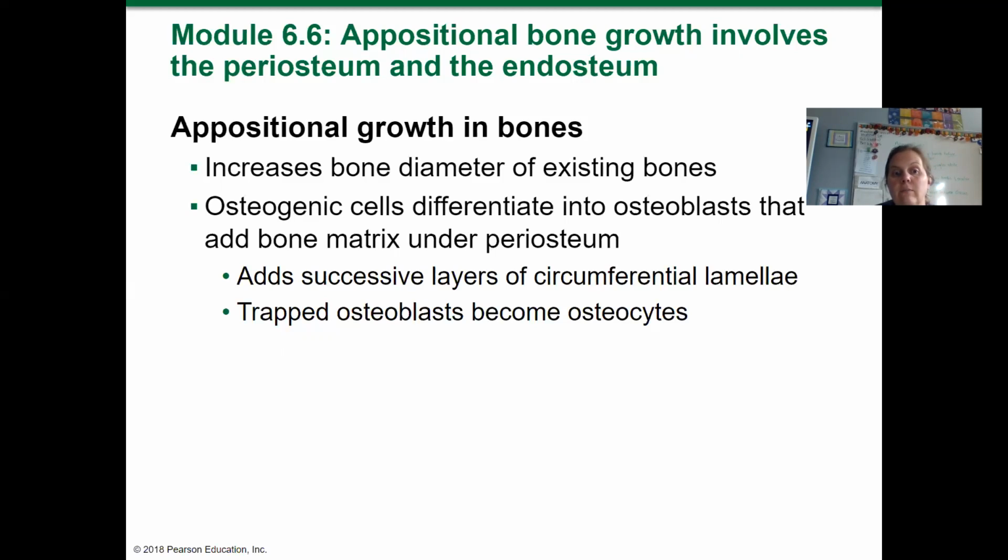They're found under the periosteum, and they're able to add concentric layers. Once you add a layer, your osteoblasts, which are increasing the deposition of calcium, become trapped and then mature into osteocytes.